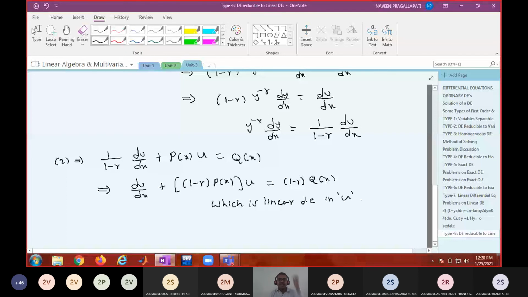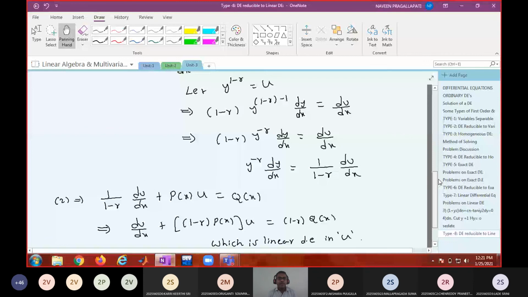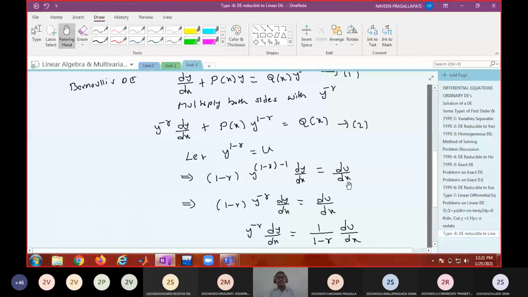And once you have a linear differential equation, you know how to solve it. Solve the linear differential equation for u. Finally replace u with y power 1 minus r.